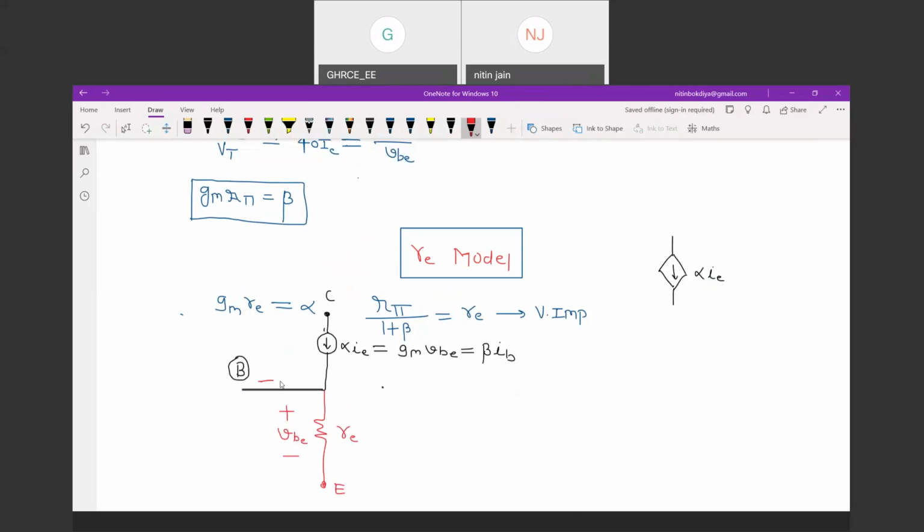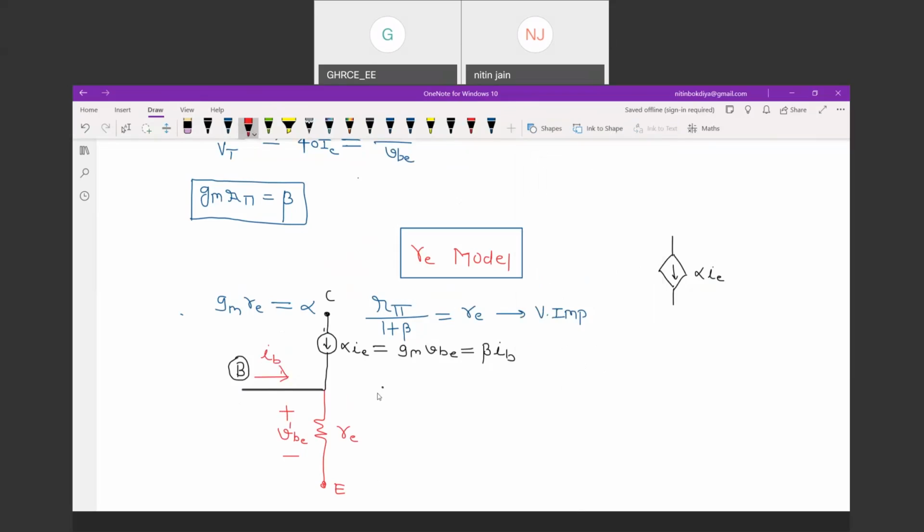This current here is IB, this current is IC, and this is the symbol.